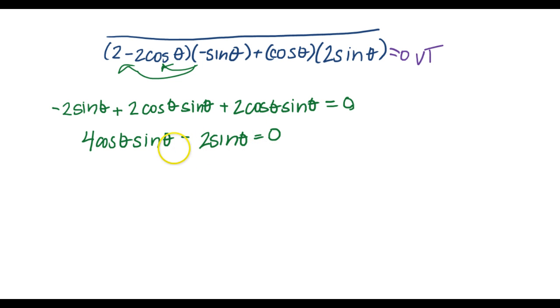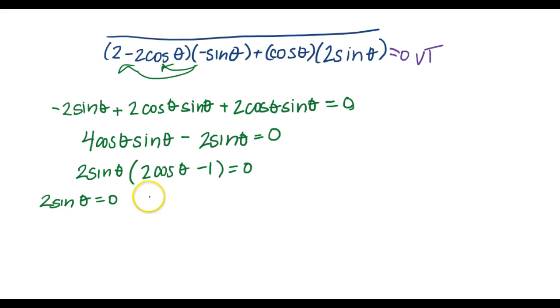This is a little bit nicer to factor. I can take a 2 sine theta out of both. So 2 sine theta will leave us with 2 cosine theta minus 1 equals 0. So now we're setting 2 sine theta equal to 0 and 2 cosine theta minus 1 equal to 0. I'm setting each of these parts equal to 0 using the zero product property.